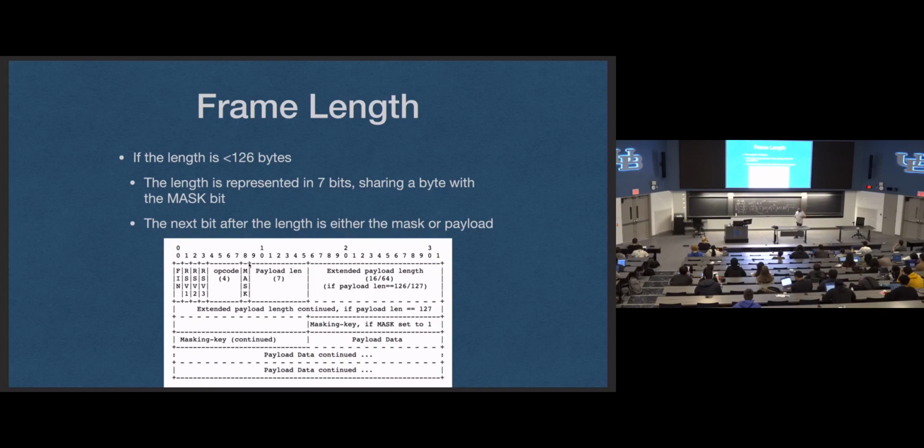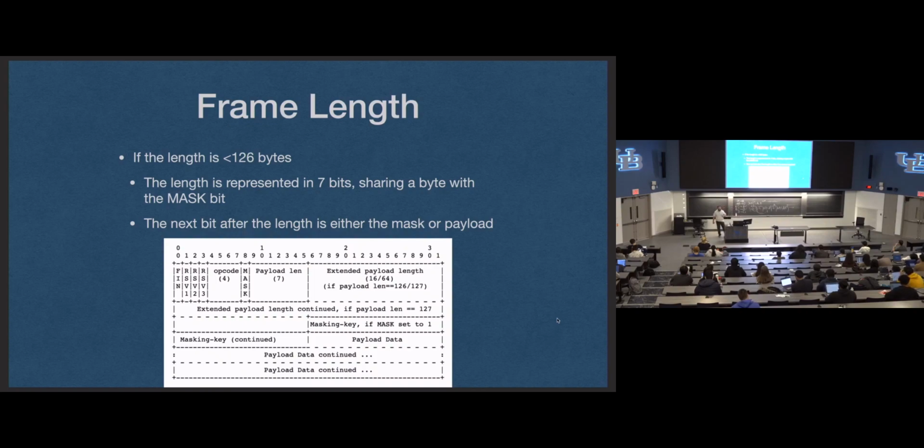If that value is less than 126, that's the payload length. If I got a payload length of 105, those 7 bits will tell me 105. That means my payload data down here is going to be 105 bytes.